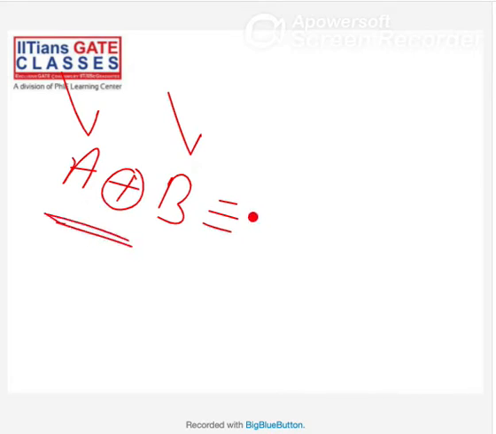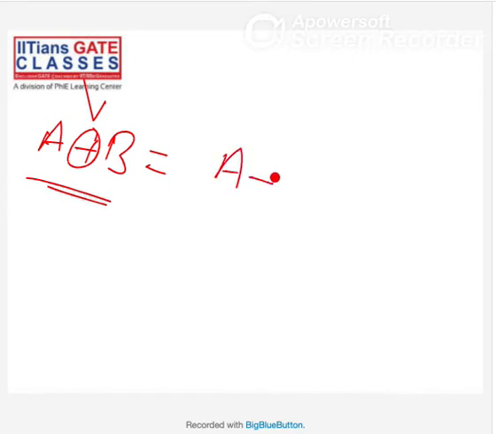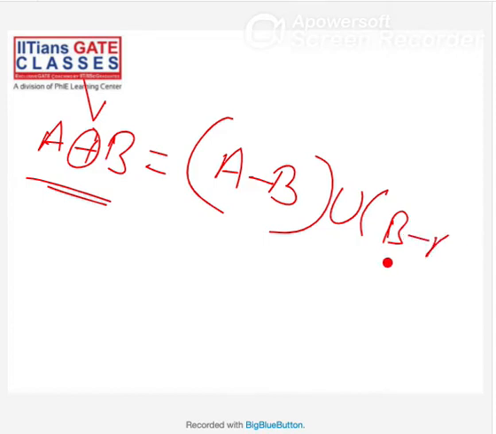So actually, what is A XOR B? This is the symmetric difference. Remember, we have already seen this in set theory. Symmetric difference means A minus B union B minus A. A minus B is nothing but A intersection B dash.